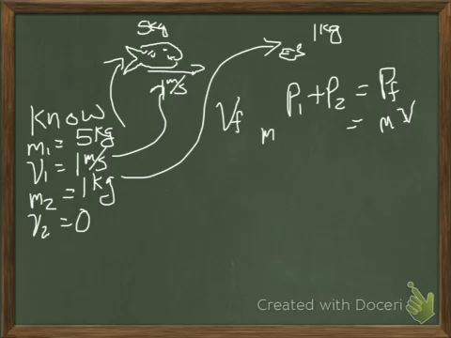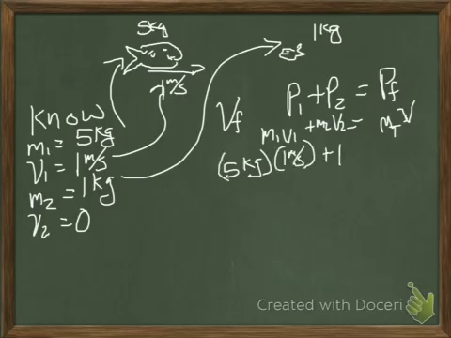So m1v1 plus m2v2 is going to be equal to our mass total and our final velocity. So let's go ahead and see how this looks in calculation form. So 5 kilograms times 1 meter per second plus 1 kilogram times 0.